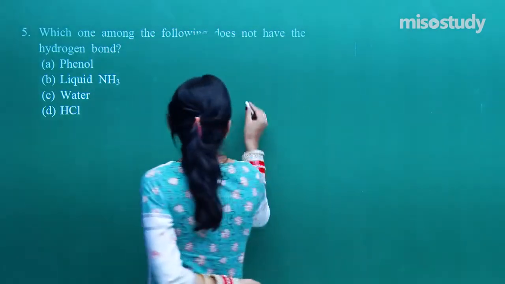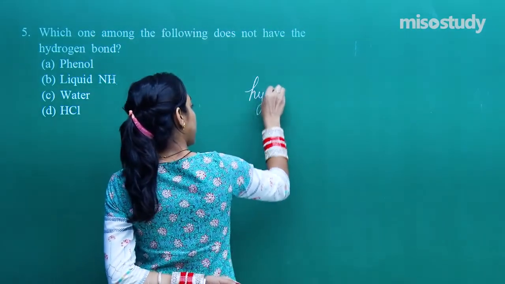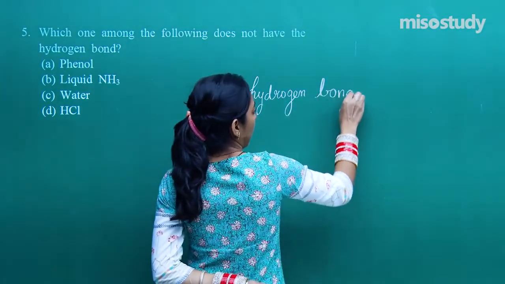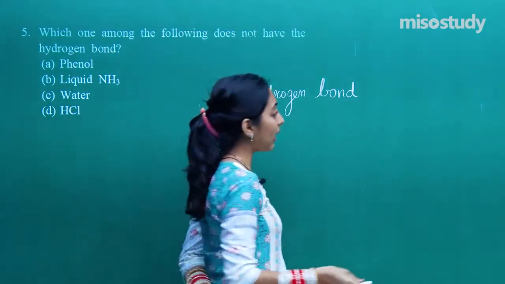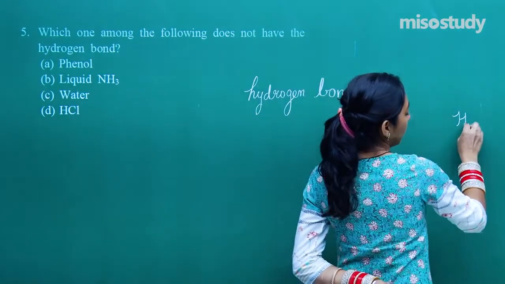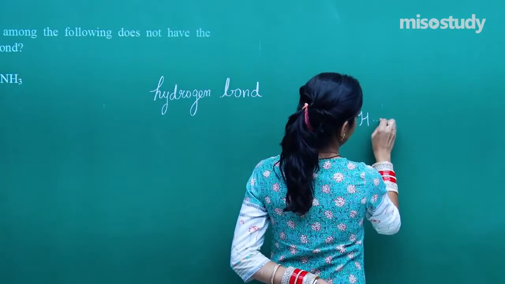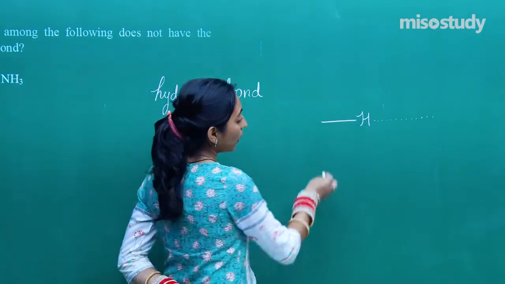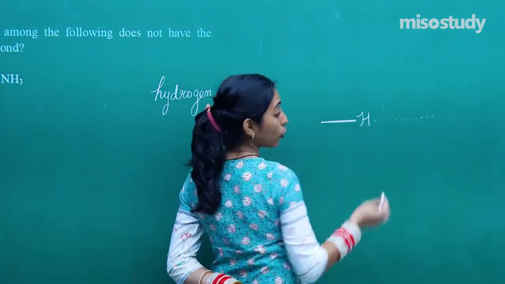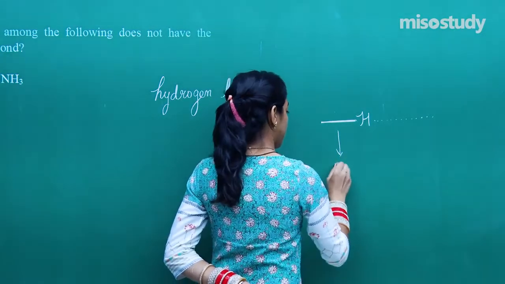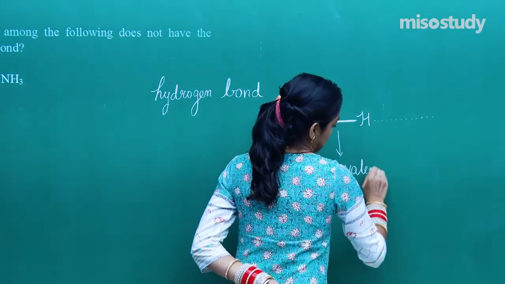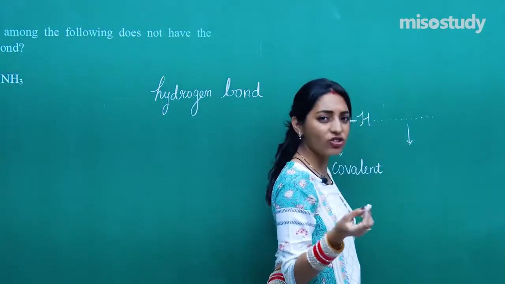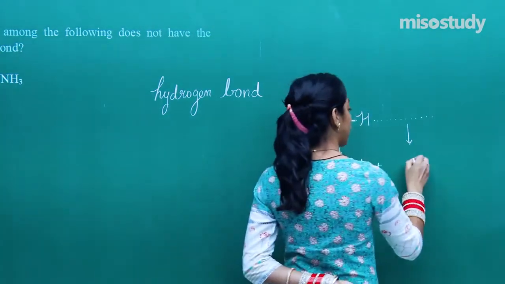So you know, right, for the hydrogen bond, the important condition is that hydrogen should be sandwiched between two atoms. So, one, it should be linked through a direct covalent bond, and the other, it should be bonded through just dipole attraction.